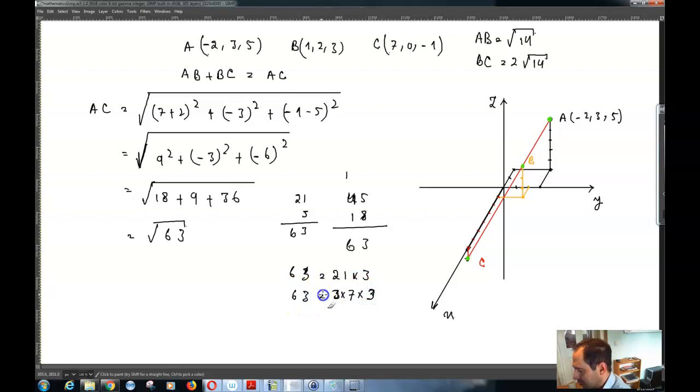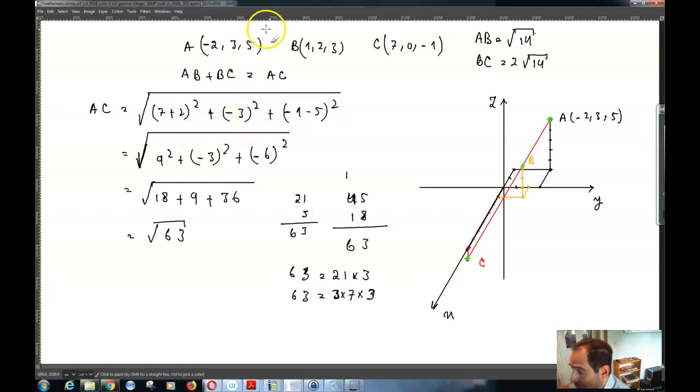That's 63. So that's 3 square root of 7.